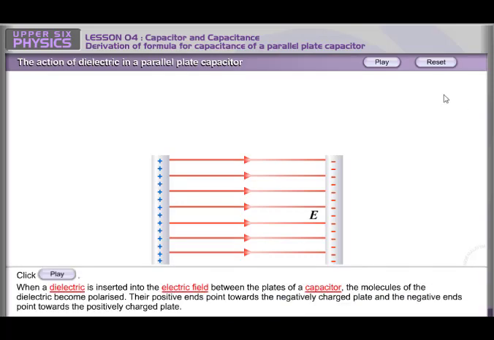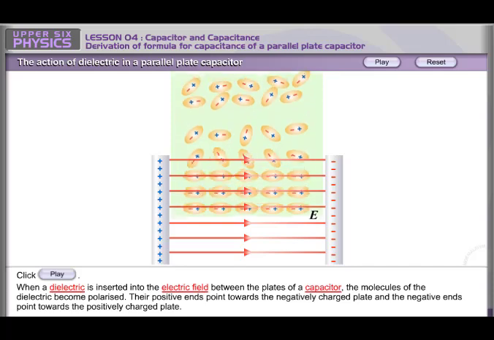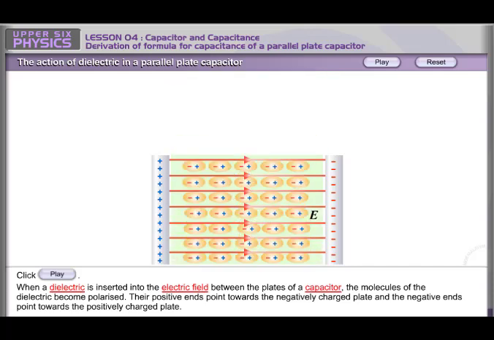Click the play button. When a dielectric is inserted into the electric field between the plates of a capacitor, the molecules of the dielectric become polarized. Their positive ends point towards the negatively charged plate, and the negative ends point towards the positively charged plate.